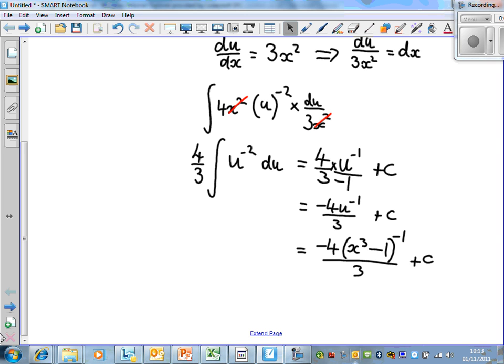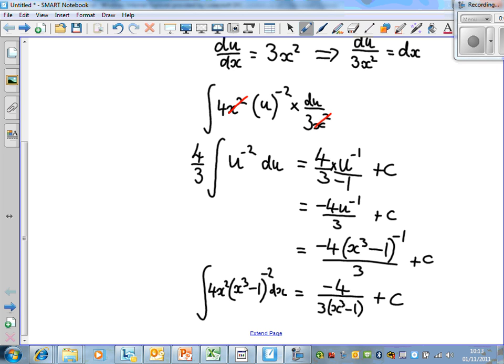The power of minus 1 is basically saying this is a fraction, so I might make it a little bit nicer and write it as minus 4 over 3 lots of (x cubed minus 1) plus c. And there's your answer. Okay, so the integral of 4x squared (x cubed minus 1) to the power of minus 2 dx.